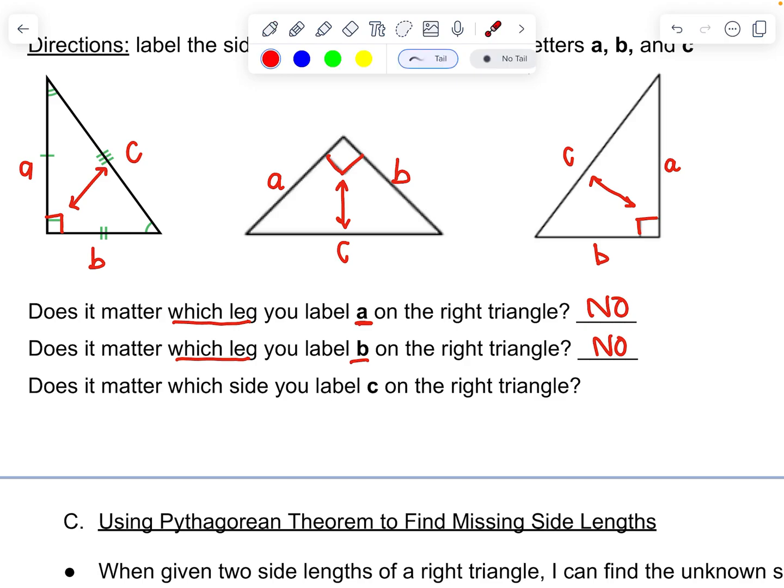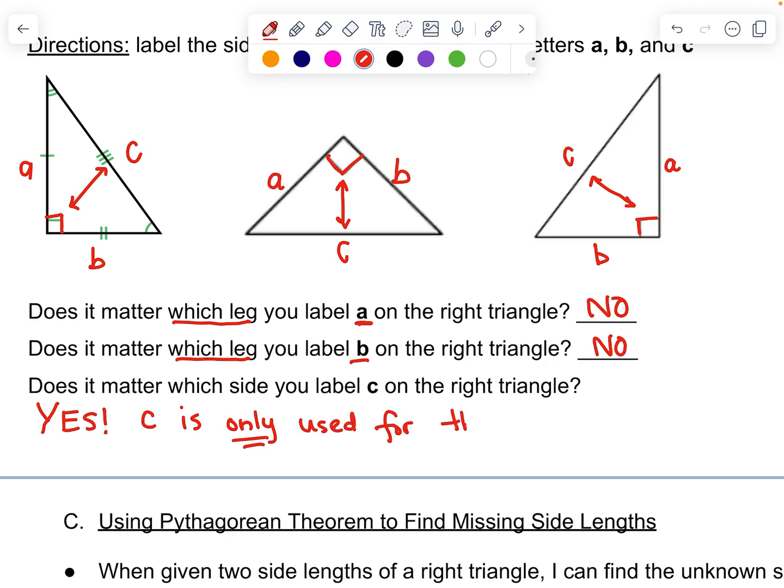What about C? Does it matter which side I label C? Yes, it definitely does. C is only used for the hypotenuse.